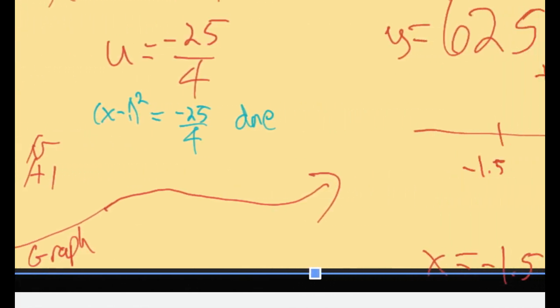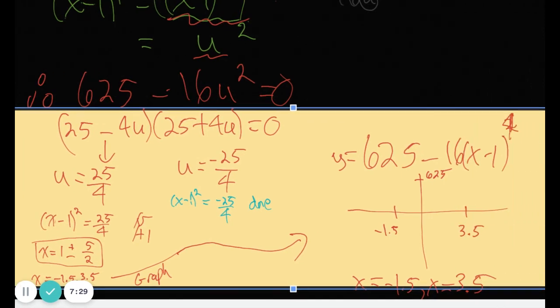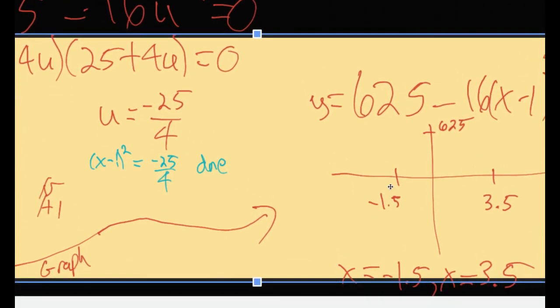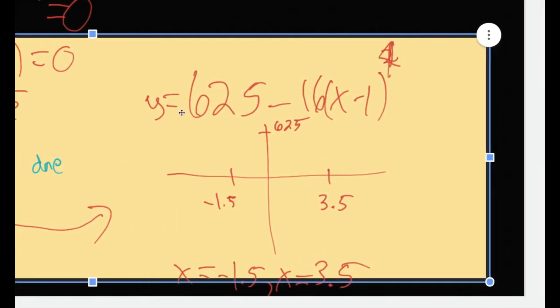So then I can go over to here and I can do some graphing if I want. I know that the y-intercept is 625. The negative there in front of the x term will mean it's opening down. Okay, so I've got a graph that will look just like this.